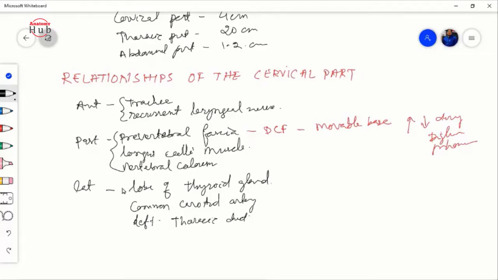This is your lateral relation. Clear, all of you?